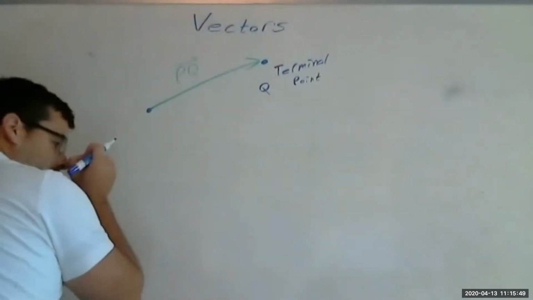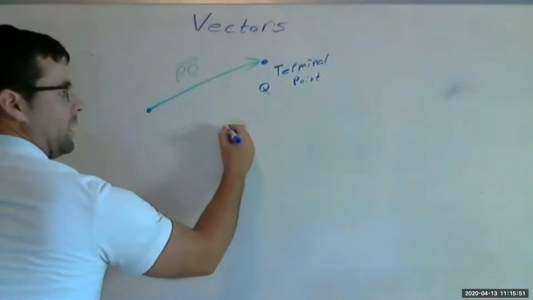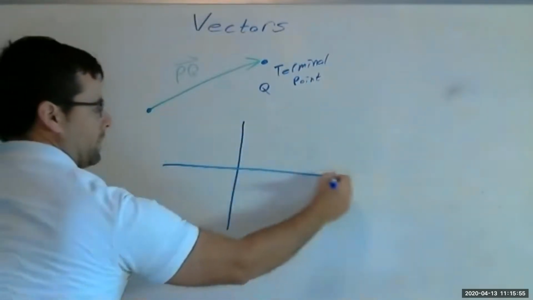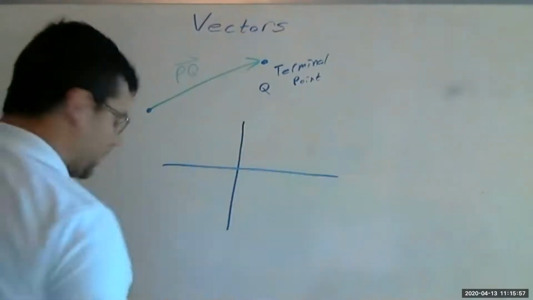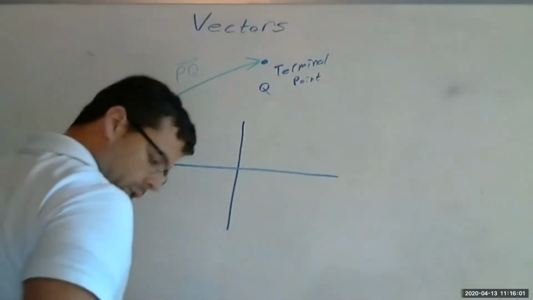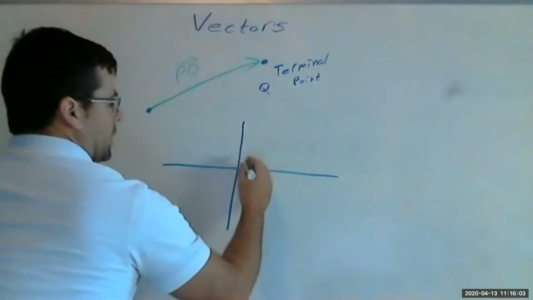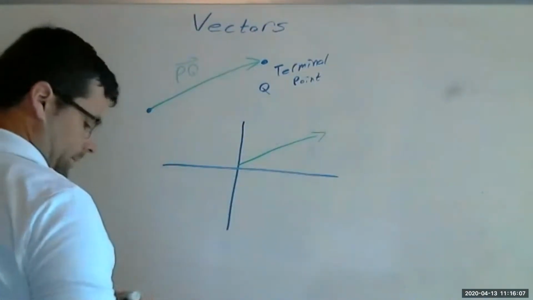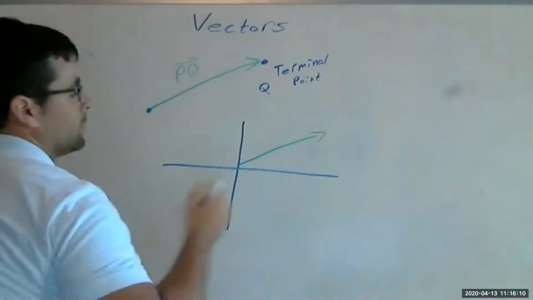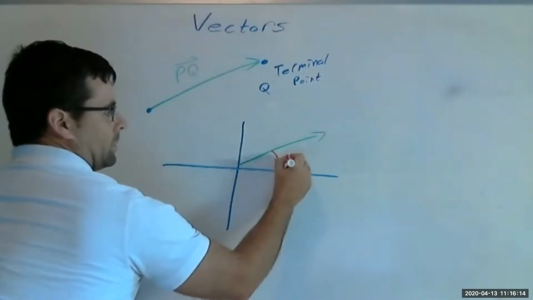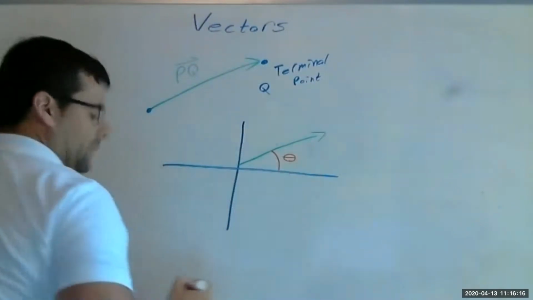So the way we define it is on an x, y coordinate system. If we draw our vector, the angle that we care about is right here.